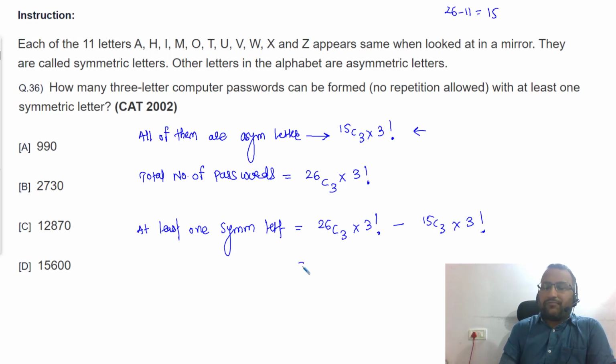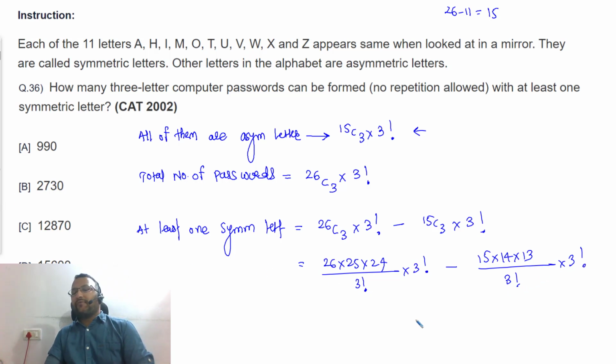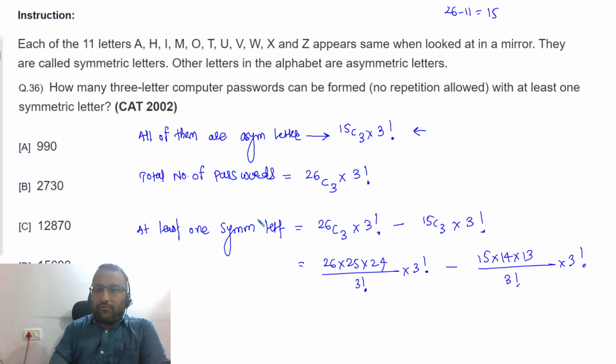So let's solve this. This is going to be how much? 26 into 25 into 24 divided by 3 into 2 into 1, or you can say divided by 3 factorial, into 3 factorial, minus 15C3 is 15 into 14 into 13 divided by 3 factorial, then into 3 factorial. So this 3 factorial and 3 factorial will get cancelled out from here.